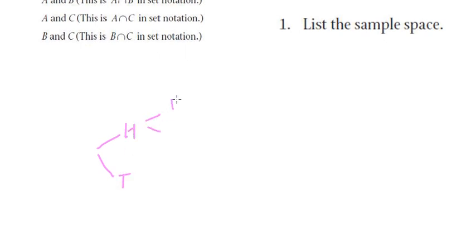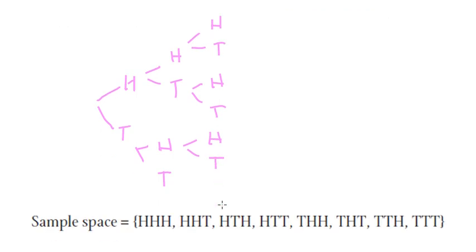And then they have heads and tails again. And the third time they still have heads and tails. So hopefully you are adept at making the sample space, or you have a nice one to return to. But that's our sample space, and there are 8 different outcomes.